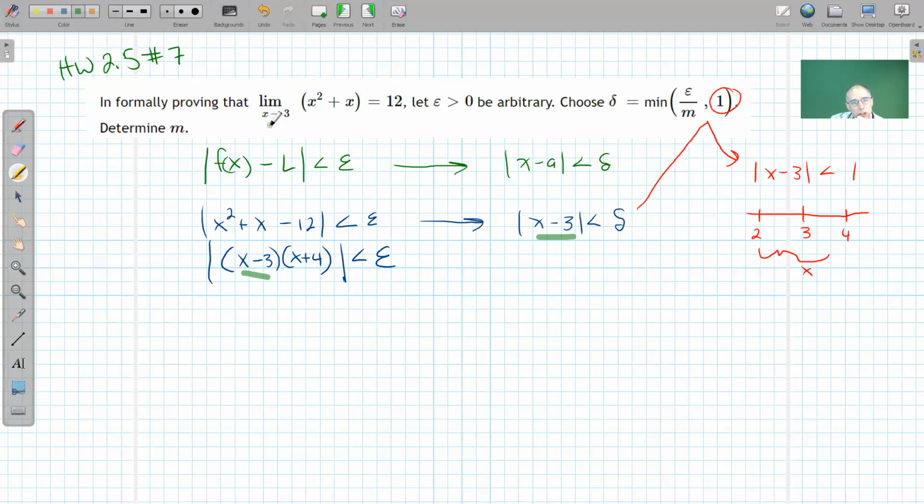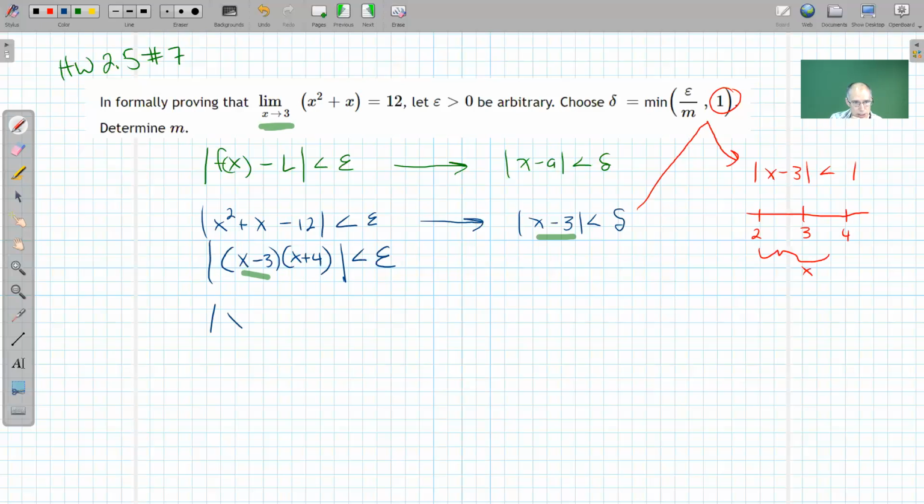Well, in the limit here, x is approaching 3. So that means the only x values I care about are x values close to 3. If x is close to 3, 3 plus 4 is 7. This is close to 7, right? So x plus 4 is around 7. My claim here is that since x is close to 3, this is positive, and so I can factor it out.